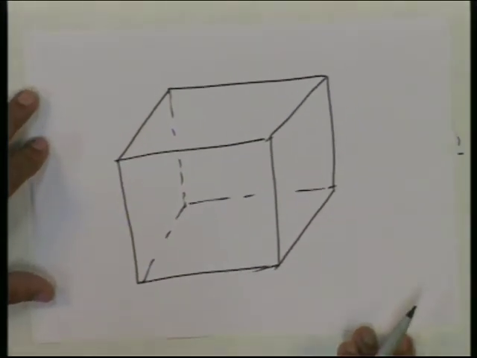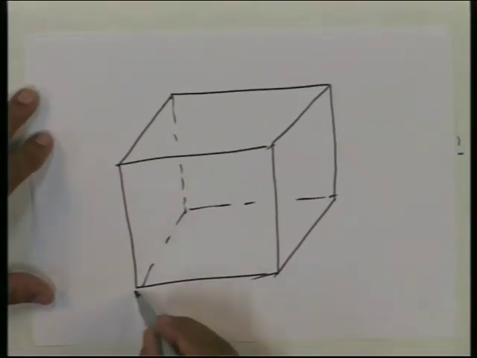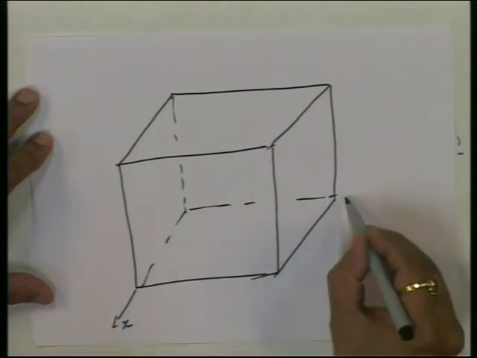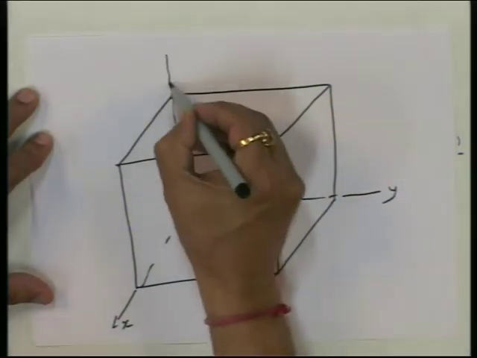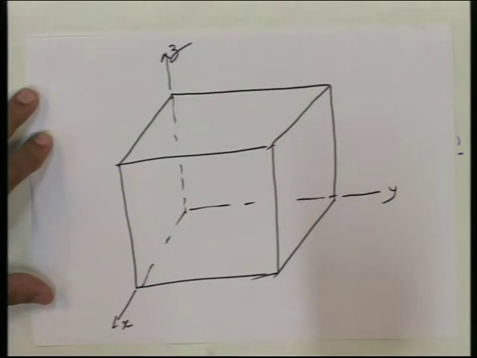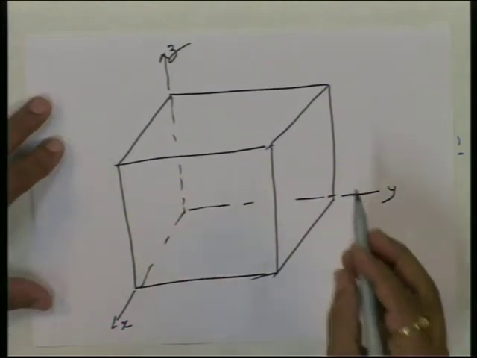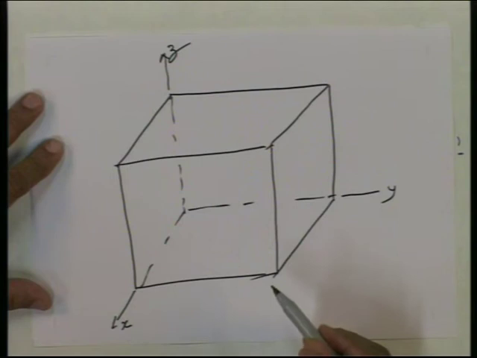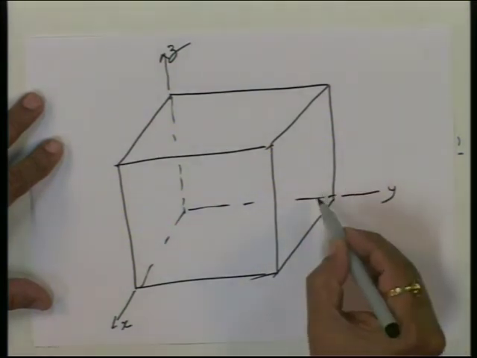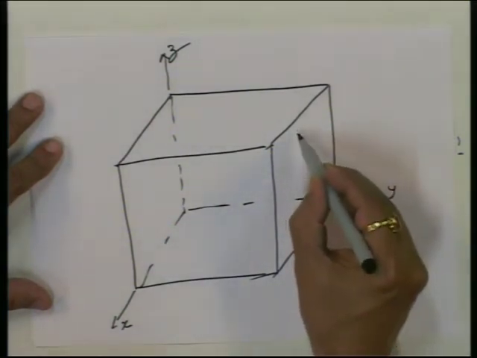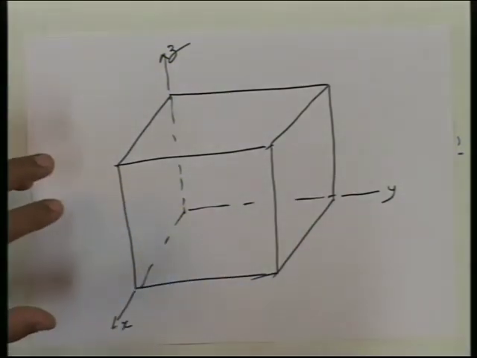This is the original cube, and let us say this is x, this is y, and this is z. Let us apply the simpler one, yz.